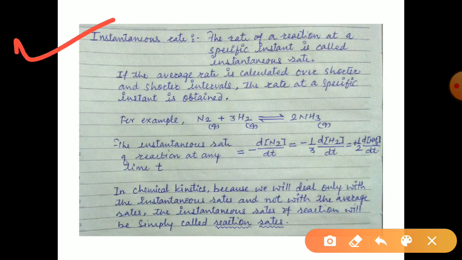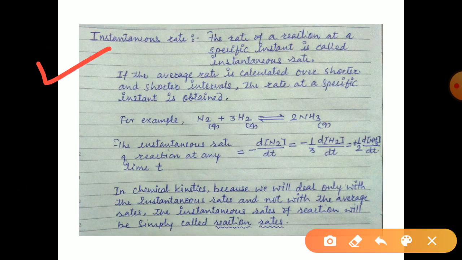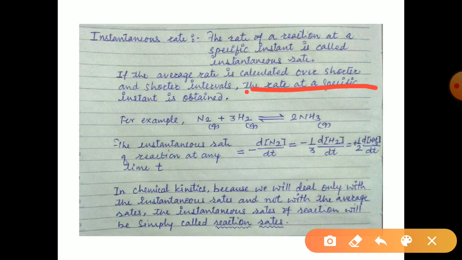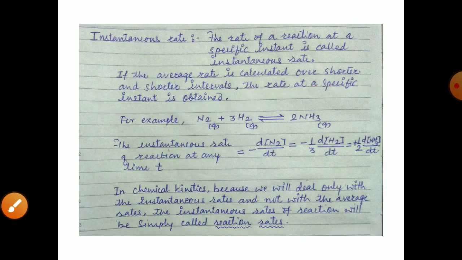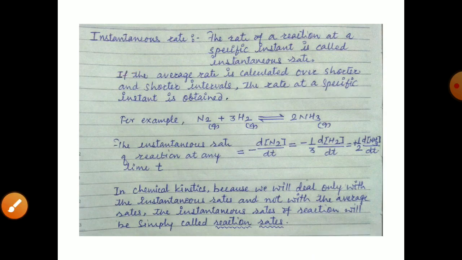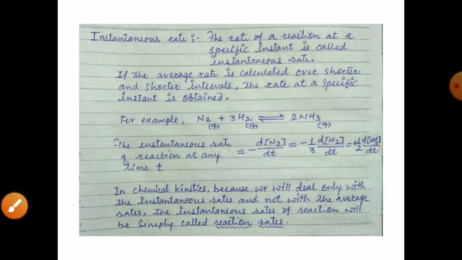Now another one is the instantaneous rate. The rate of a reaction at a specific instant, at a particular moment, is called the instantaneous rate. If the average rate is calculated over shorter and shorter intervals, the rate at a specific instant is obtained. For example, the formation of ammonia from nitrogen and hydrogen gas.